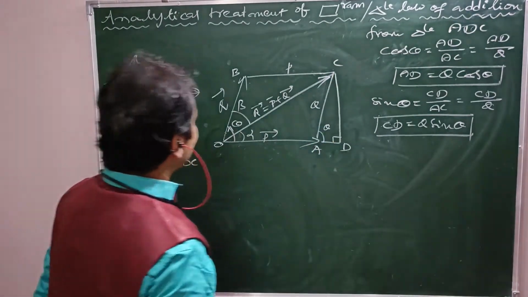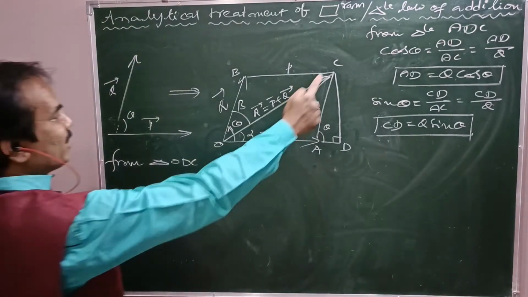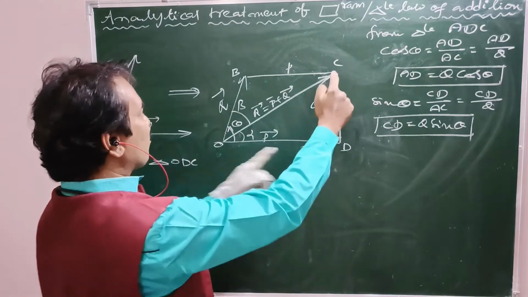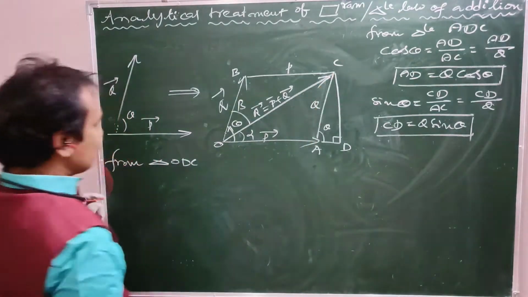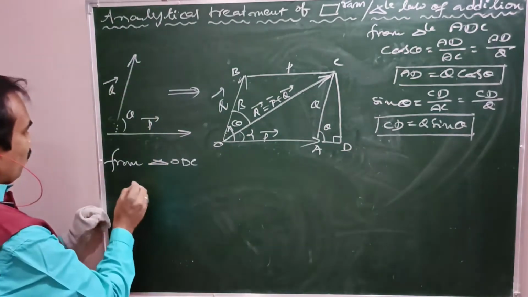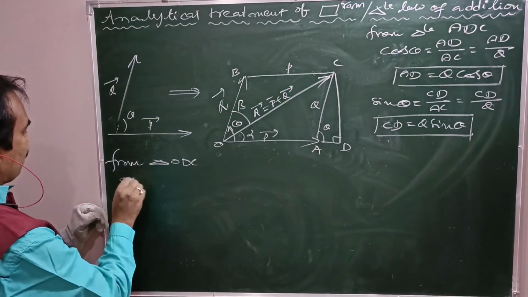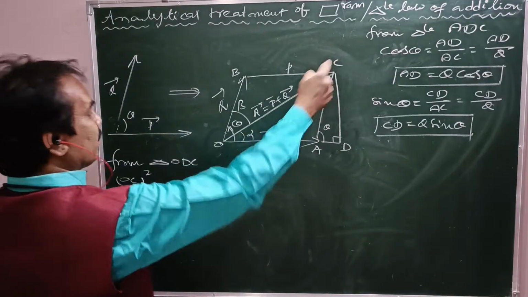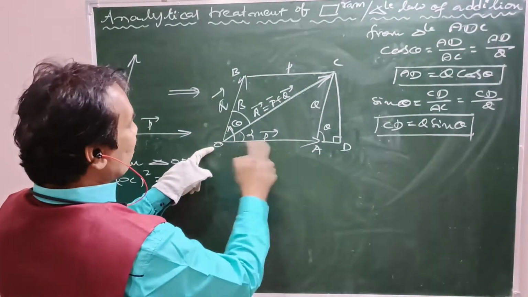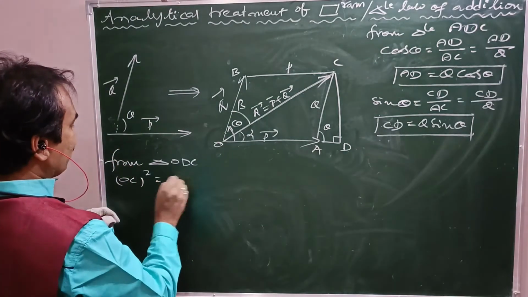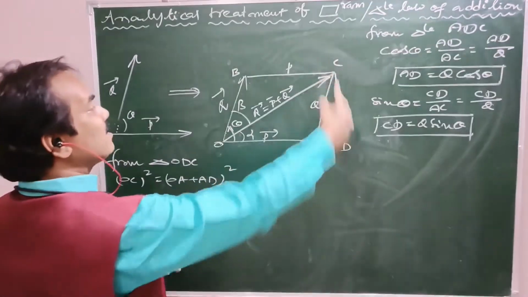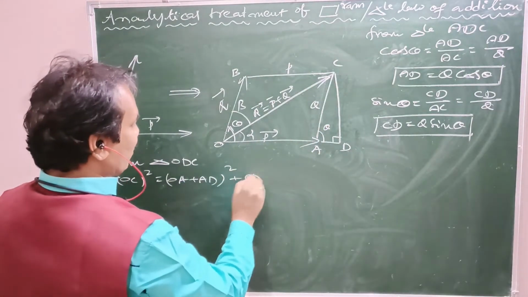So in this right angle triangle, side square plus side square becomes equal to hypotenuse square. That is, as far as the Pythagoras principle is concerned, OC square equal to OA plus AD whole square, plus CD square.